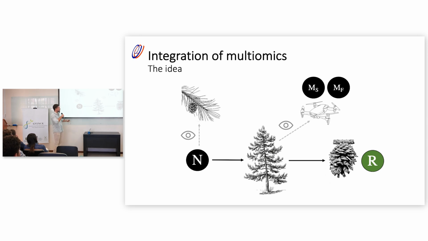So basically what we did here is let's collect nutrients from the leaves and let's run drone flights 2 times. So we ran a multispectral camera in a drone in spring before the first count of conelets and in fall after the second count of conelets. So we get this R, which is the ratio, the abortion rate, and we got these 3 omics: nutrients, phenomics or multispectral for spring, and phenomics or multispectral for fall.